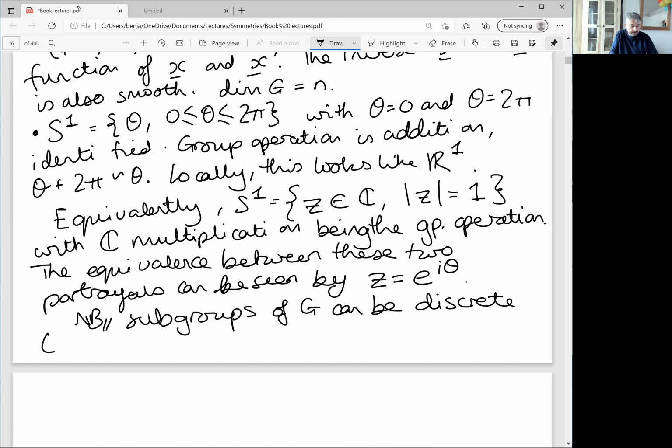So for example, we have the points 1 and -1, which is in this one-dimensional circle case. So this set of the points 1 and -1, they're just discrete points. They're in the circle, but they aren't Lie subgroups.